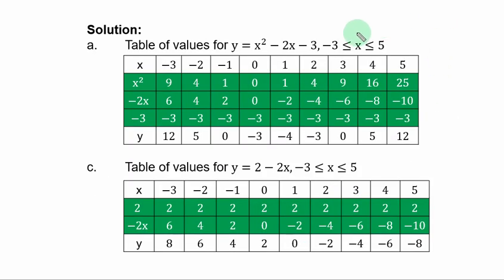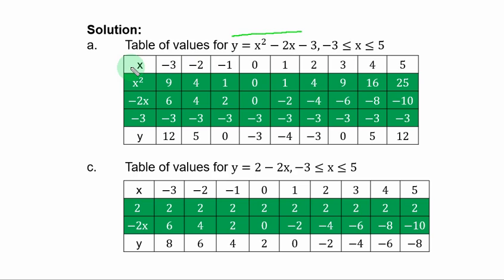Solution. In order to plot the two graphs, we need to complete the table of values for the quadratic and linear functions. Table of values for y equals s squared minus 2s minus 3 over the range of values of s. You have values of s already.